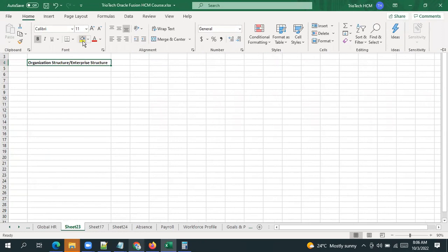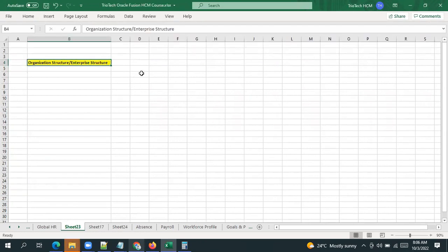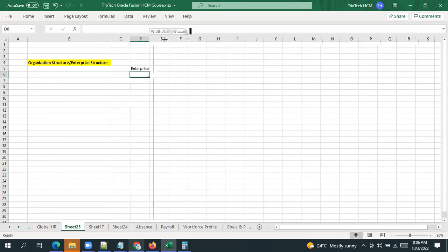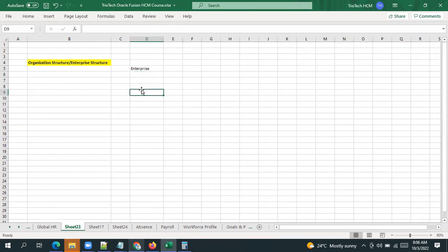In the Fusion application, the organization structure will be like this. At the top, we have the concept called enterprise in the system. Under the enterprise, we have the concept called divisions. Under divisions, we have legal entities.